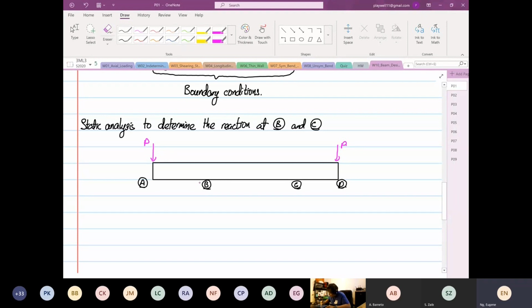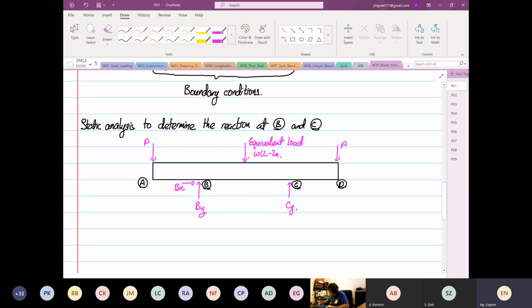So this is By, and then we have a reaction down here, Cy. By, right, we also have a Bx, but we know that Bx will be equal to 0. And then over here in the center, right, between B and C is our equivalent load. So I've mentioned this equivalent load before, so it's equal to omega times the bracket L minus 2A.